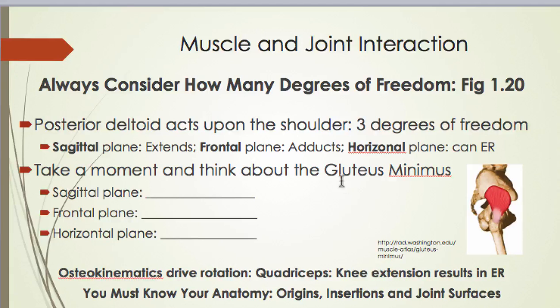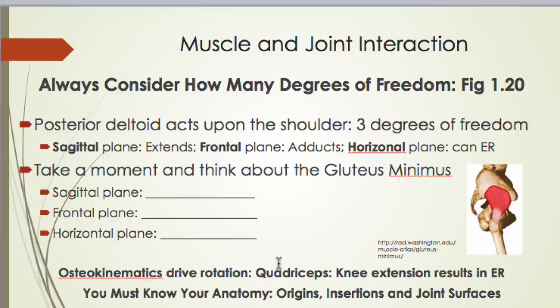And then finally, in the horizontal plane, as shown in B, it is capable of externally rotating the humeral head in the glenoid fossa. So the posterior deltoid has 3 degrees of freedom. It potentially extends, it potentially adducts, and it horizontally works to externally rotate the shoulder.